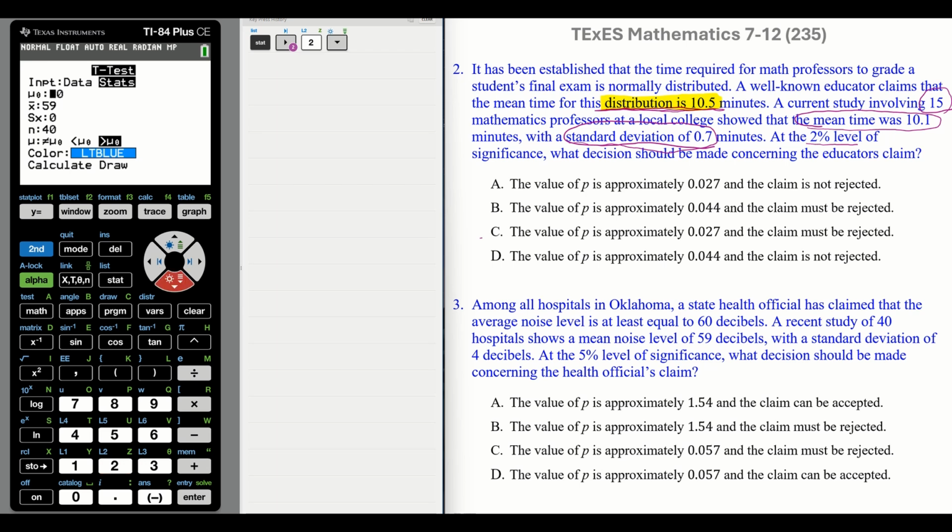In our original, mu naught is 10.5. And then our new claim, our new study, is 10.1. And then our standard deviation is 0.7. Notice how it's self-corrected in the calculator, what it wants.